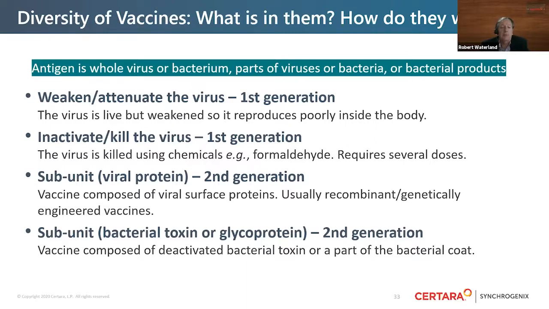The first generation and second generation vaccines are the ones that I think pretty much everyone on this call received as a child. First generation vaccines are whole virus, either weakened or inactivated. Second generation are subunit vaccines, where parts of the virus or bacterium or a bacterial toxin is the active ingredient in the vaccine.